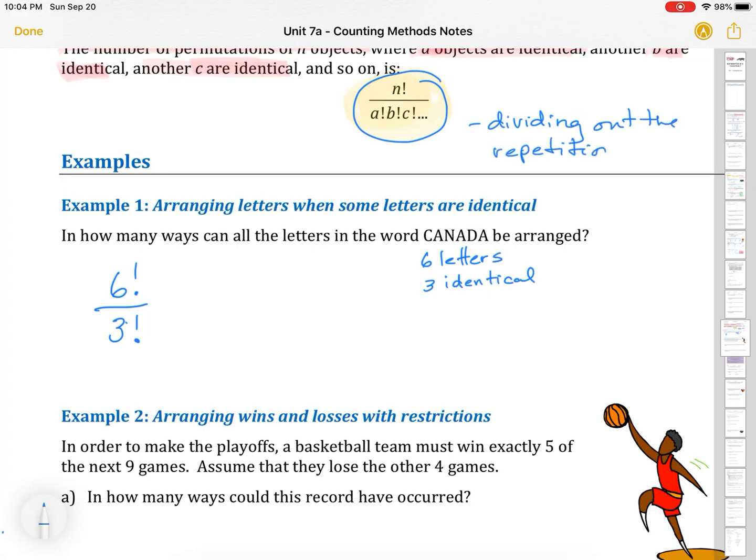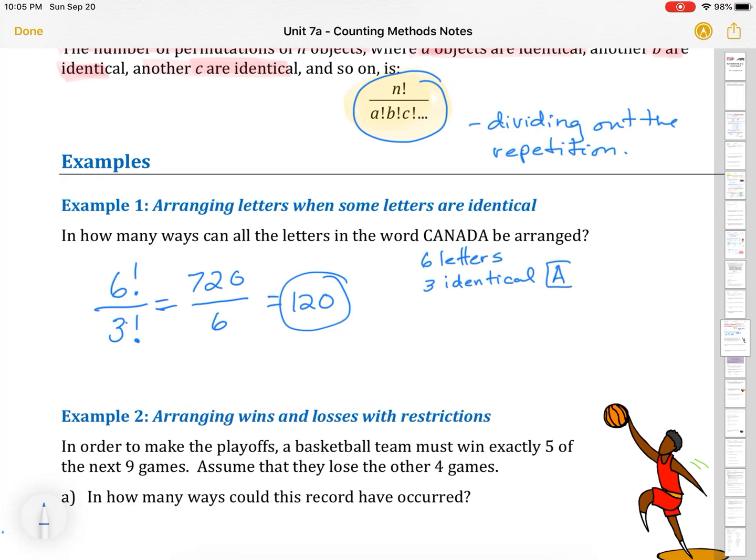Basically what we're doing is dividing out the repetition. 6 factorial is 720, divided by 3 factorial, which is 6. 720 divided by 6 equals 120.